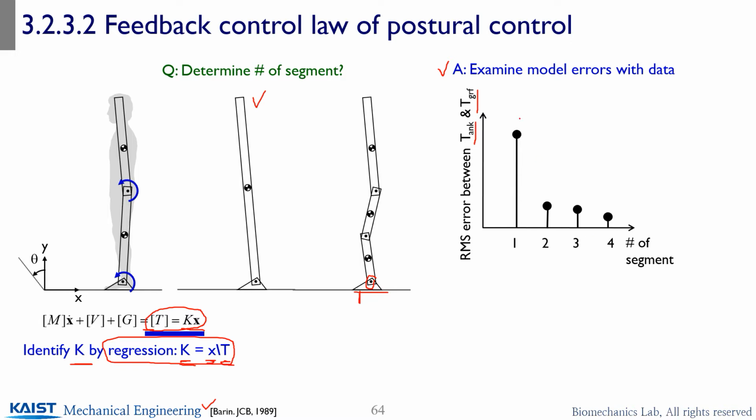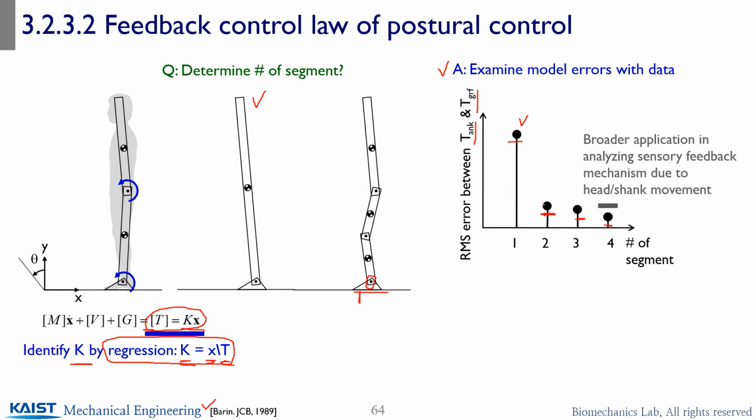Like first, a single segment, even though it's simple, has the greatest error, of course, intuitive. And if you increase the number of segments, errors decrease, with a huge improvement by adding upper limb joints, and then there isn't significant improvement by adding more segments.